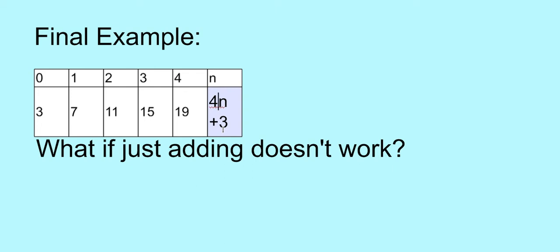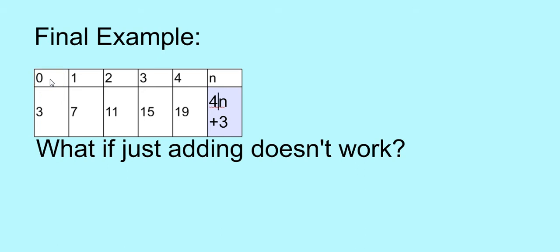Now I go back and double check if that works for all of them. 4 times 4 is 16, plus 3 is 19. 4 times 3 is 12, plus 3 is 15. So again, if you did not quite follow that, I got my plus 3 from 0.